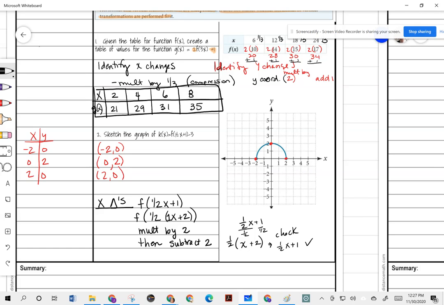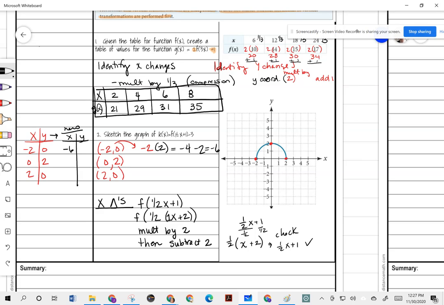Okay, so I am going to take each one of my x's. So I've got -2 times 2, -4 minus 2, and that's -6. So the new chart, when I had -2, I'm going to end up with -6.